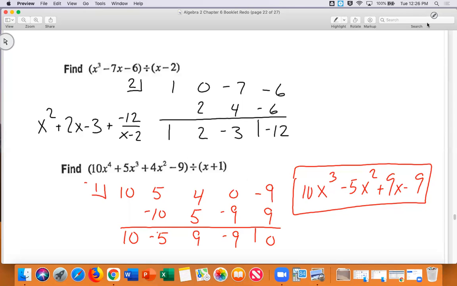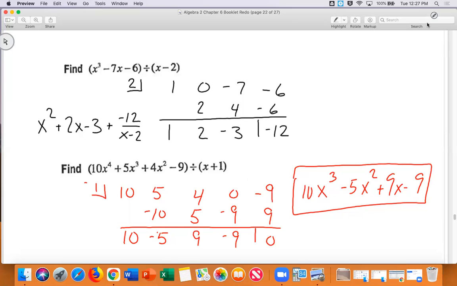Little thing I found interesting with this. See this 2? See how we're doing synthetic division with 2, right? Plug 2 into that. In other words, replace x with 2. What do you get? So it's 2 cubed. 2 times 2 times 2 is 8. What's 7 times 2?